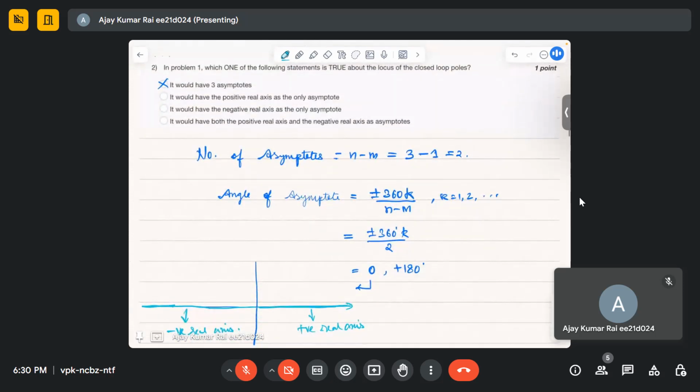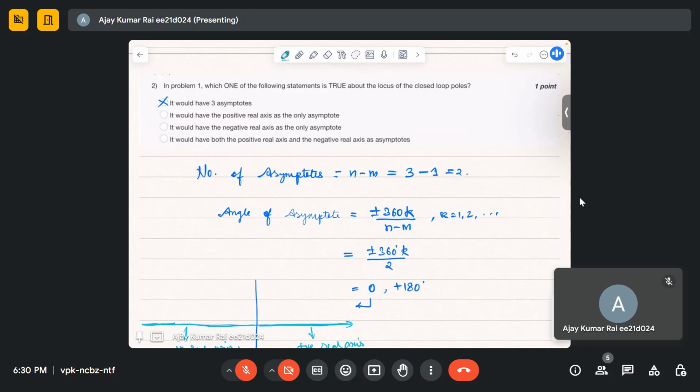If you see the options, the second option says it would have the positive real axis as the only asymptote. No, this is wrong. The third, it would have the negative real axis, is also wrong. The fourth option is it would have both the positive real axis and negative real axis as asymptotes, right? This is correct.